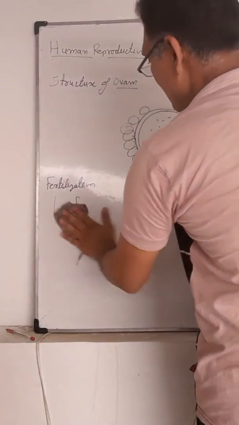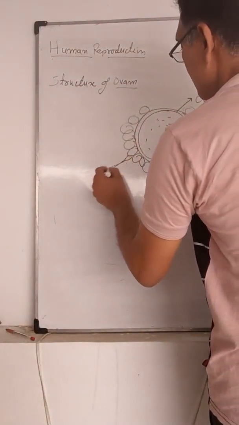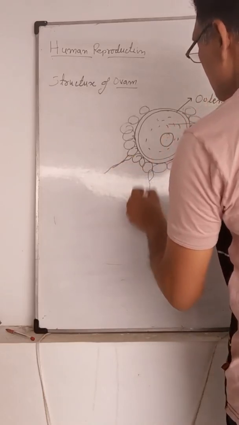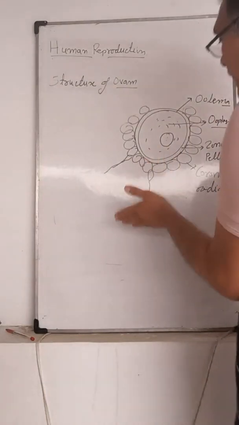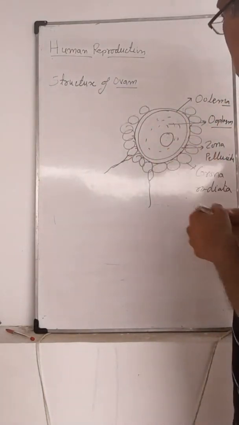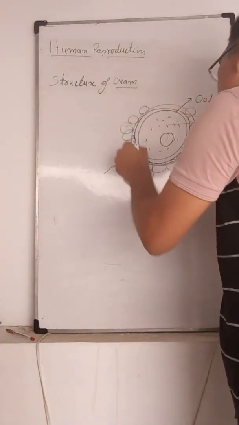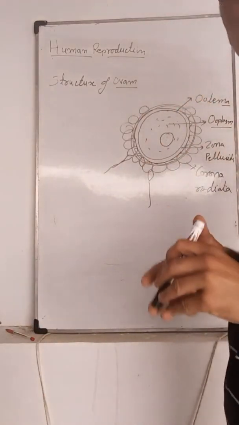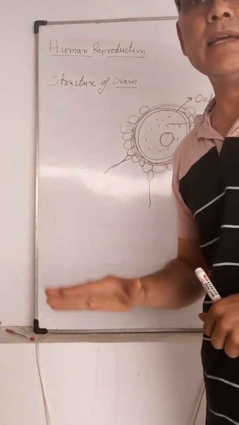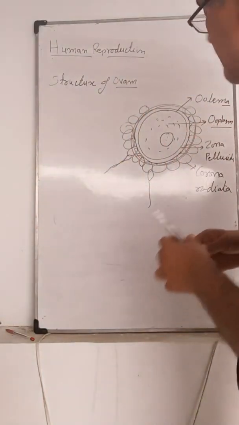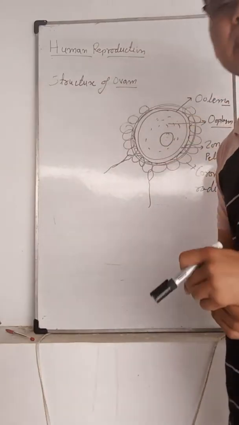At the time of fertilization, the acrosome enters inside the egg, and the egg forms another protecting layer to prevent the entry of other sperm, so that only one sperm can enter.